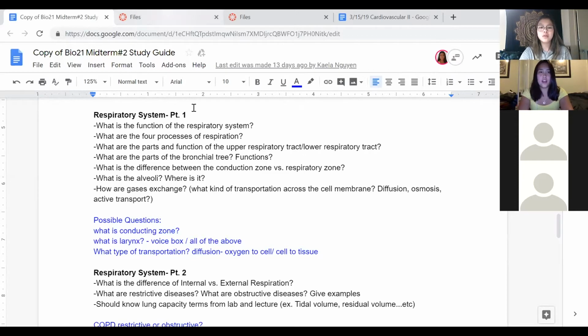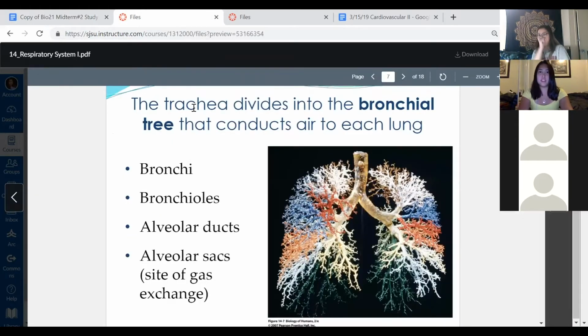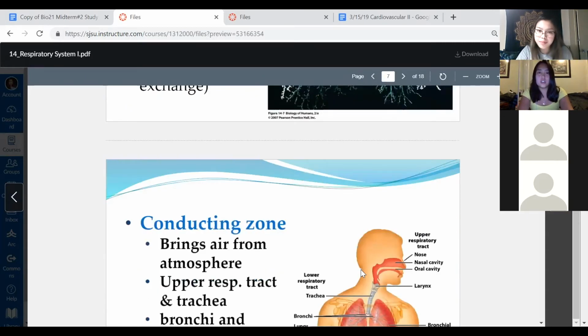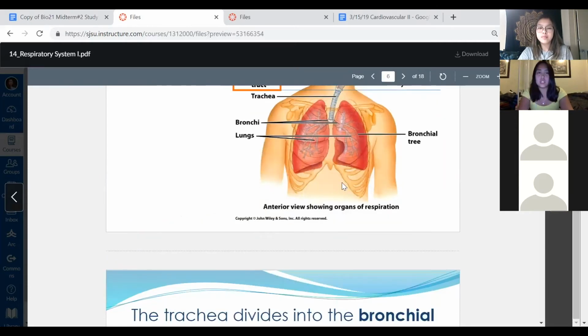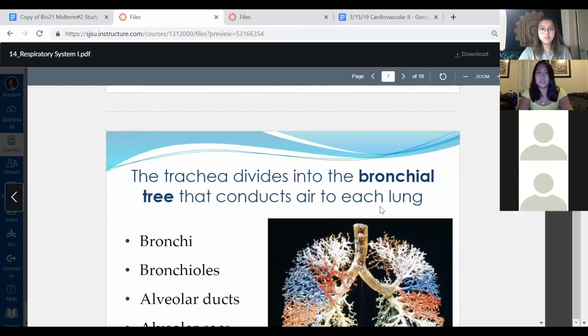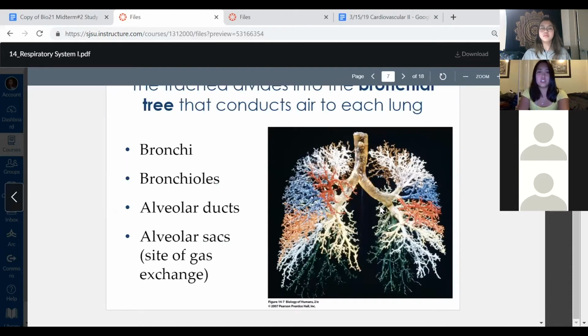The bronchial tree is basically a tree in your lungs, like in your picture. The stem, the wide part at the very bottom, is the bronchi, and the branches on the bronchi are the bronchioles, and the bronchioles have alveolar ducts, and then the alveolar ducts have alveolar sacs.